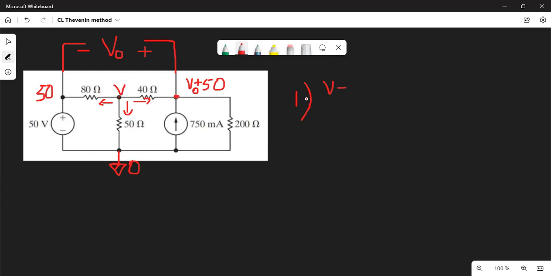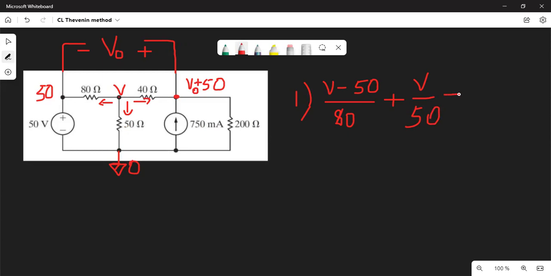We will talk about this later. So we have V minus 50 volts divided by 80 ohms. This was the left current. Now the current at the bottom is a plus: V over zero, because it's connected to the reference.